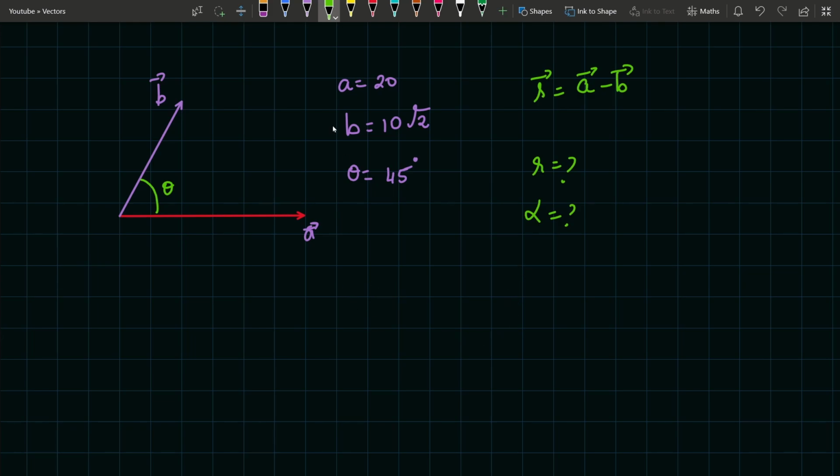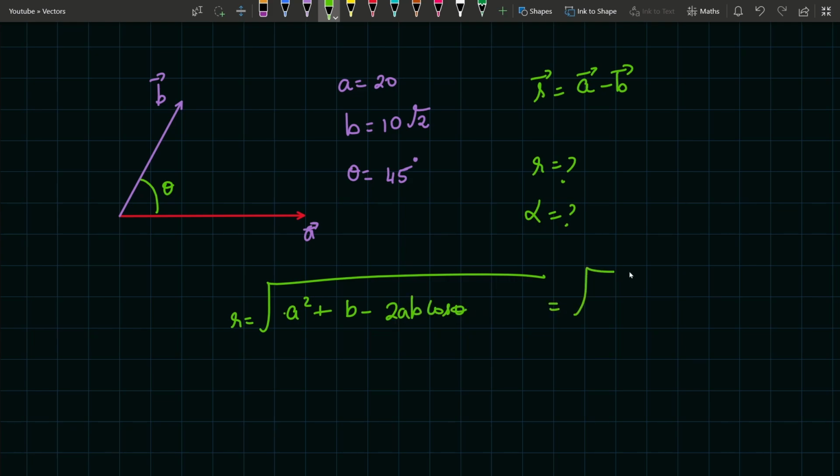Let us try. The magnitude of a vector is 20, let's assume, and b vector 10 root 2. I'm taking that, and theta, the angle between them, I'm taking to be 45 degrees. So just now we saw, to subtract two vectors, the resultant vector is given as r equals root of a square plus b square minus 2ab cos theta.